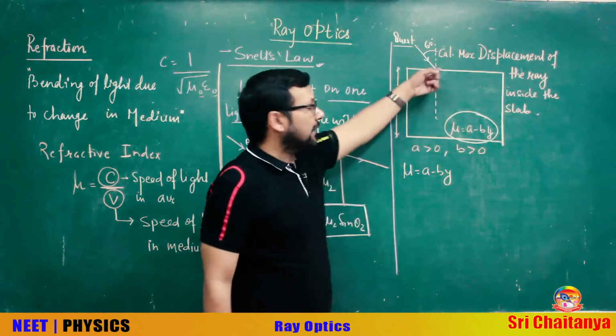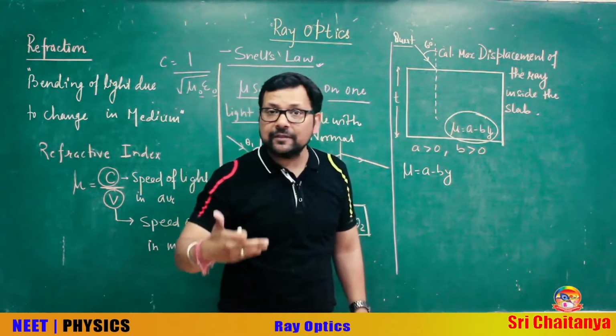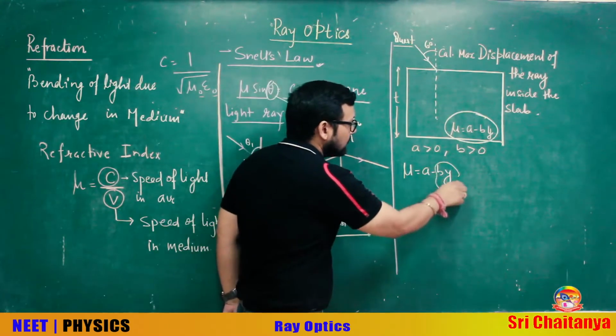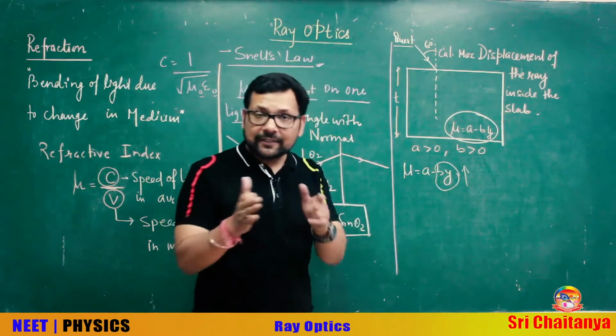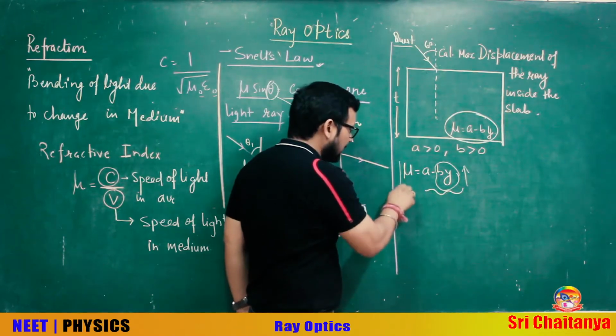See what will happen when we consider mu equal to A minus By. As the light ray enters the slab, gradually Y will keep on increasing. If Y is increasing, By will increase. And if By is increasing, that is being subtracted from A, so mu will decrease.